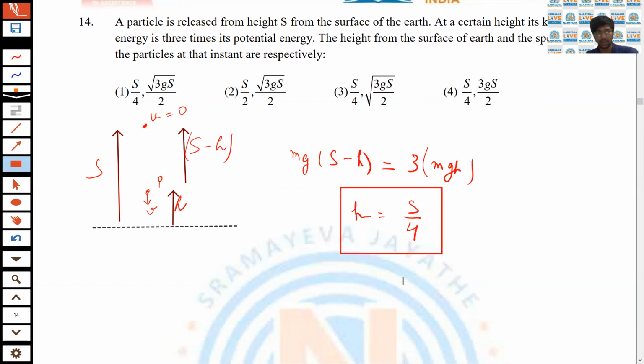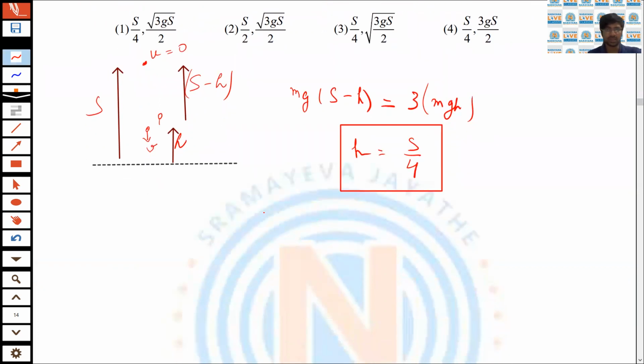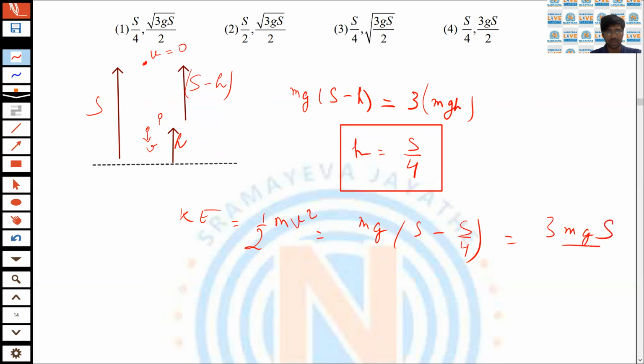All right. Now, what is the kinetic energy in this situation? So the kinetic energy is half mv square, and that is equal to mg(s minus s by 4). That means 3mgs by 4.